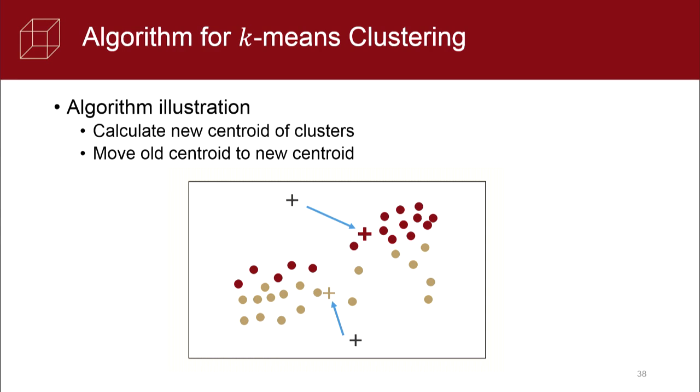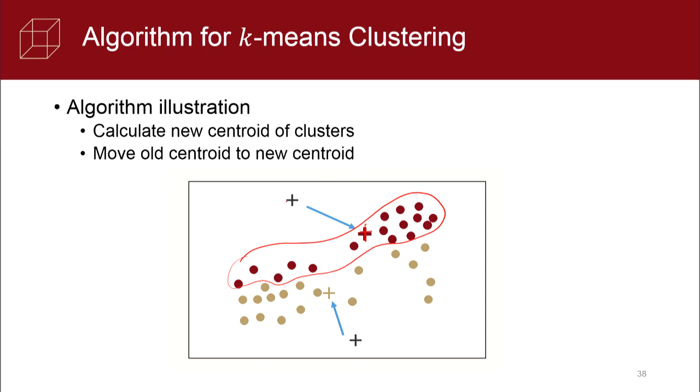In the next step, we need to recalculate the cluster centroid values. So we need to update the cluster centroid. You calculate the average of all the data points that were assigned to each centroid. For example, you calculate the average of all the red dots, and then you come up with the new centroid, which is this.